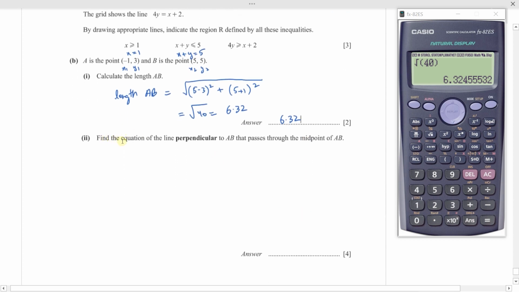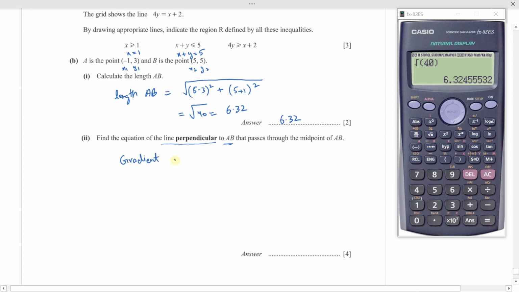The next part is: find the equation of the line perpendicular to AB that passes through the midpoint of AB. So to find the equation of the line for this perpendicular, we need its gradient and we need one point on this line. To find the gradient, I'll first find the gradient of AB.